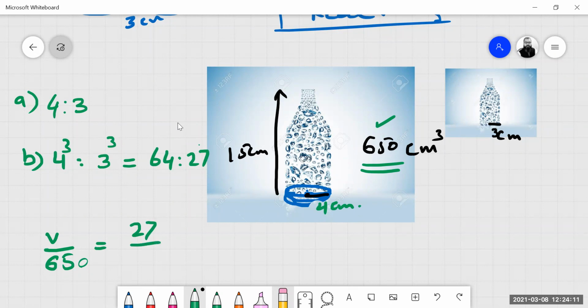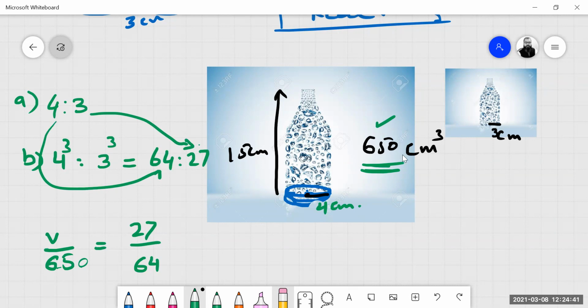And the bigger bottle is 64, so we will write 64 down. Be careful here. If you write the smaller bottle up, you write the factor ratio for the smaller, 27, up. The bigger, 64, down. And here we take the capacity of the bigger bottle, 650.